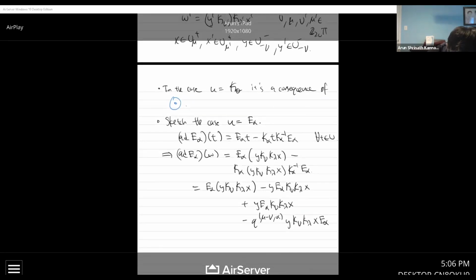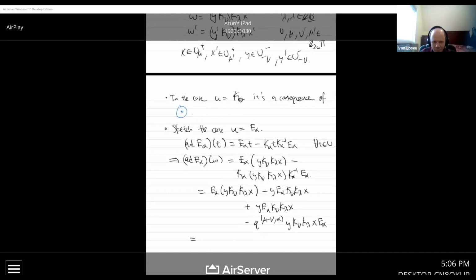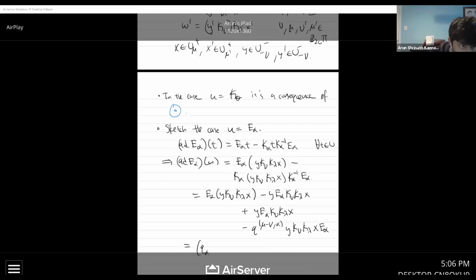If you apply that formula, this becomes this large expression, q alpha minus q alpha inverse times K alpha r alpha of y minus r alpha prime of y, K alpha inverse K nu K lambda x.